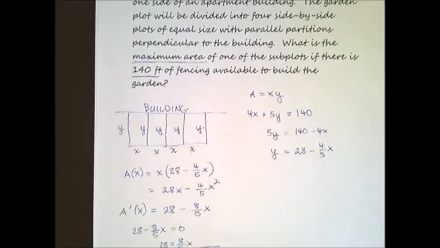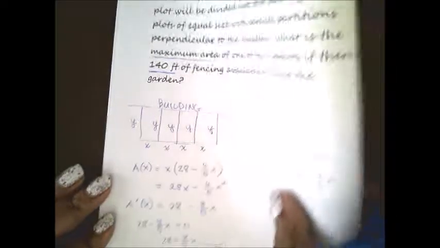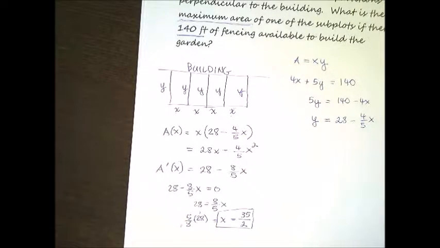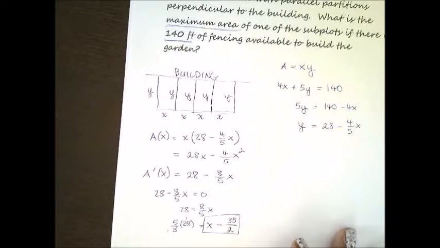I do have restrictions on x and y. I don't really know what they are, except that this has to be true. So I could probably say that x has to be positive and less than 140. That will take care of the biggest part. I'm going to go ahead and use the first derivative test. Right? This function is linear, so it only has one critical point.